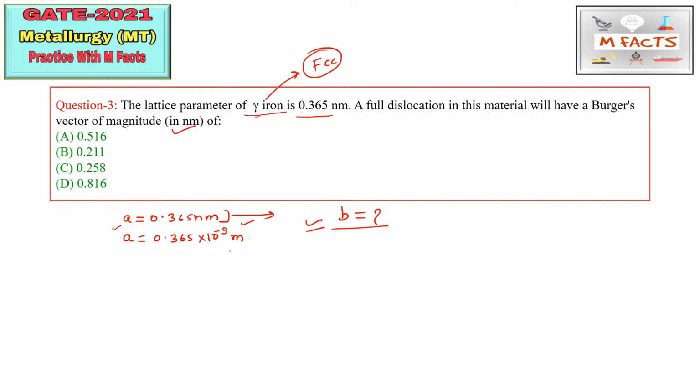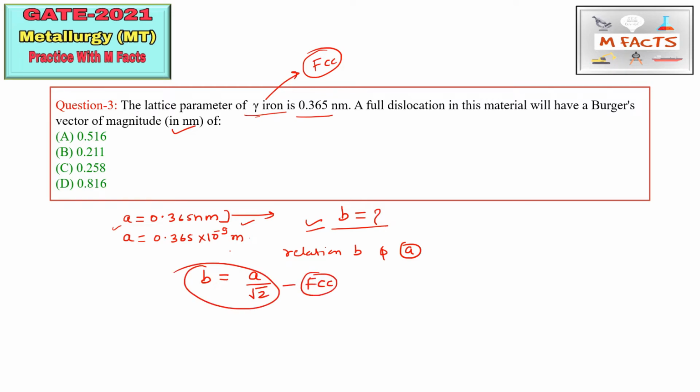So from there we can get an idea about the relation between b and the lattice parameter. We can use the direct relation: b equals a by root 2. This is only for FCC.